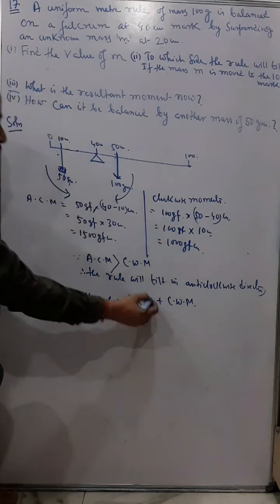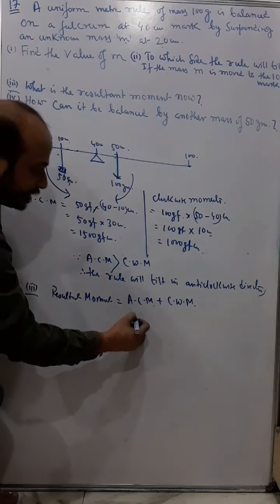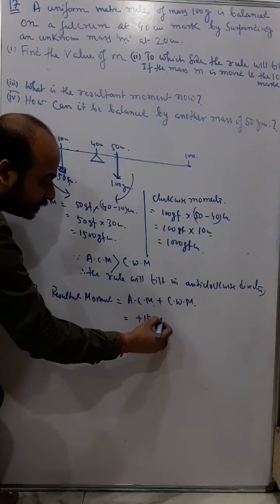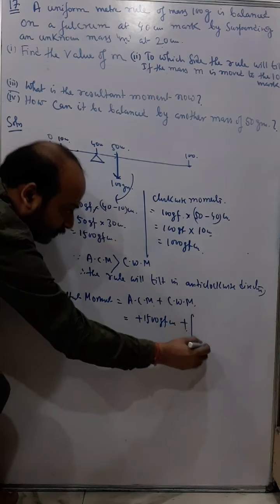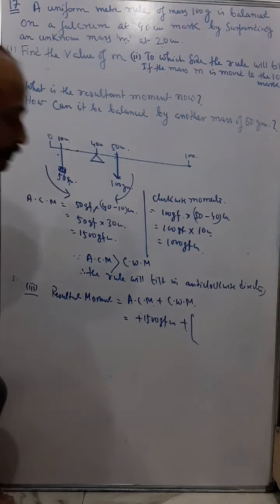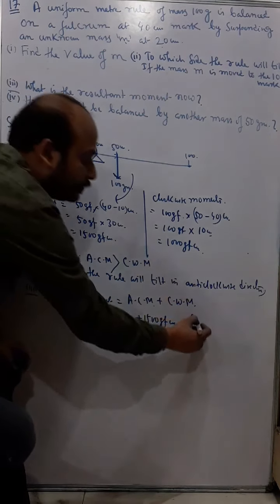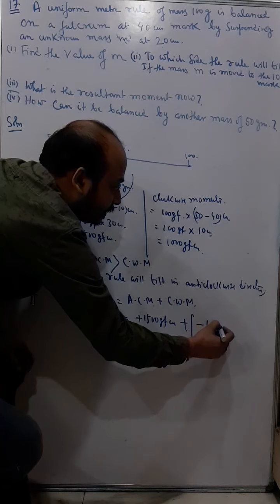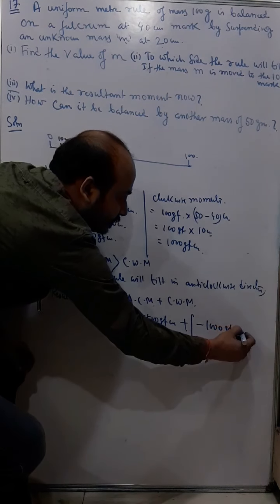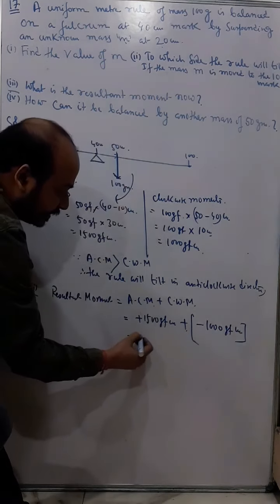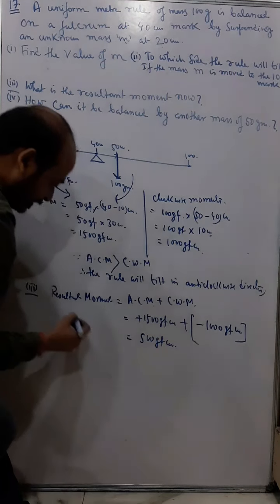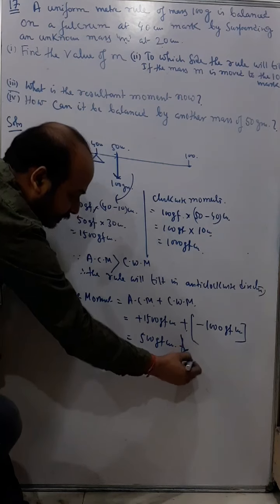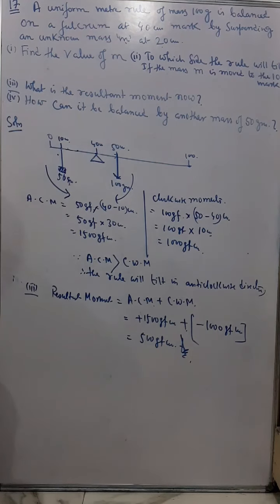For anti-clockwise moment we use a positive sign, so we'll write here plus 1500 GF centimeter, and again plus. Now for clockwise moment, we'll use minus 1000 GF centimeter. So finally we got 500 GF centimeter as the resultant moment. Okay, understand?